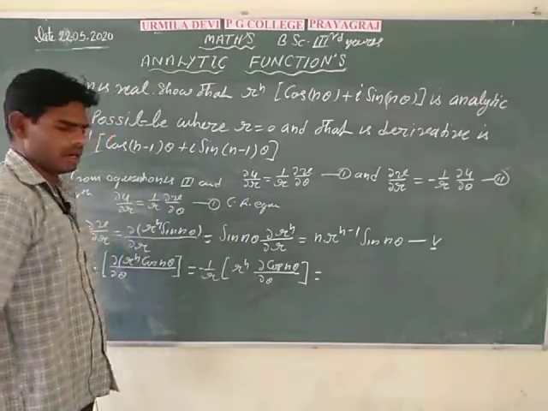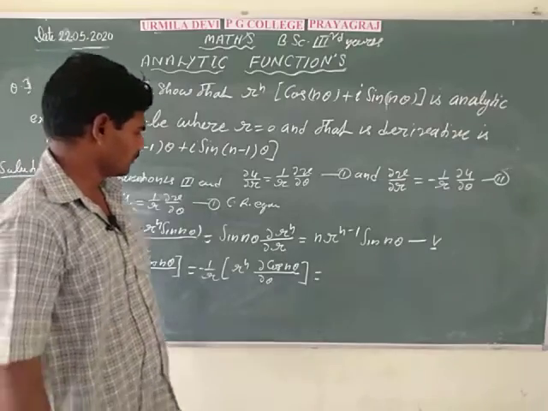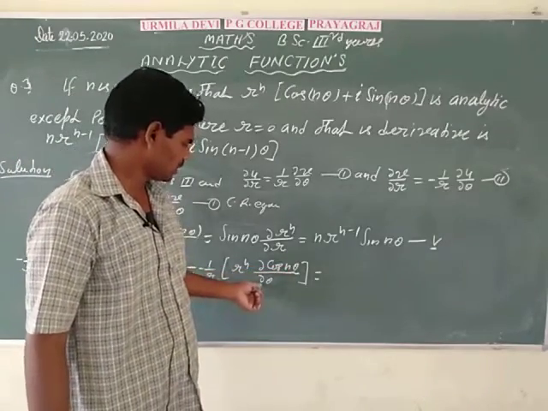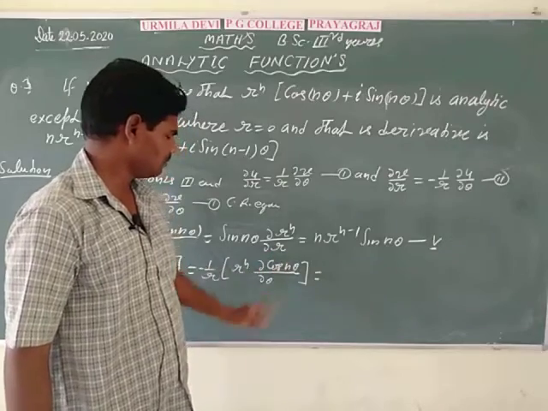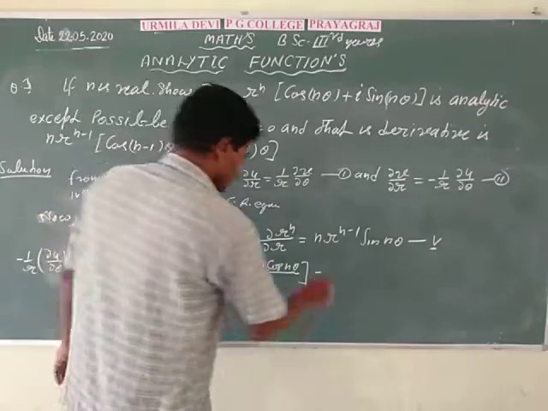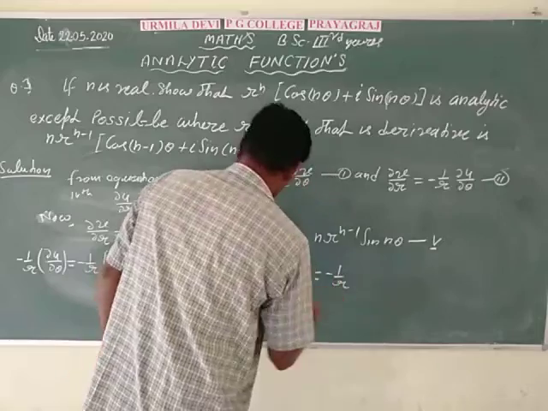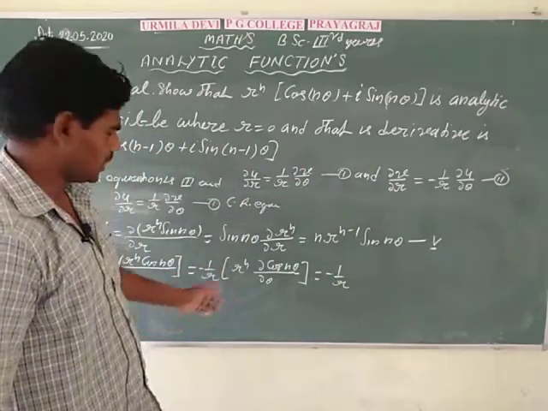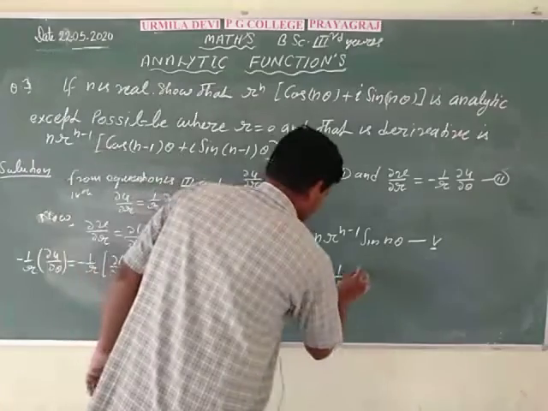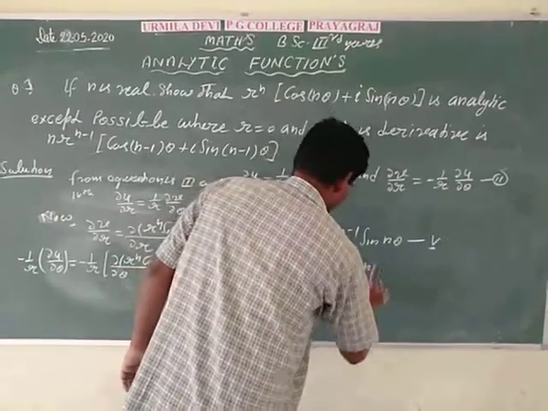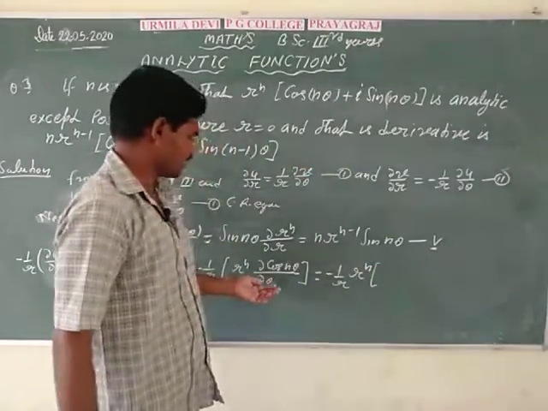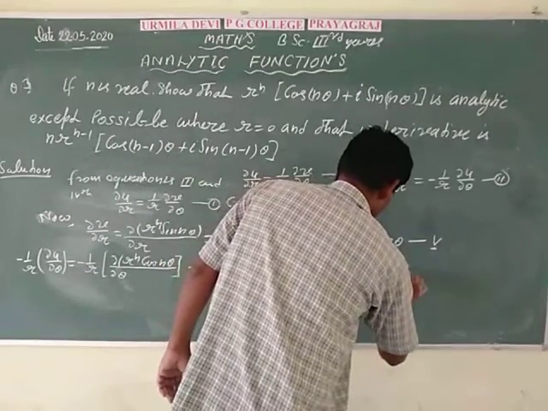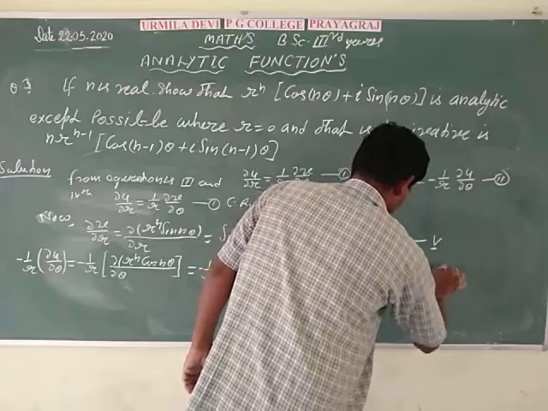By the method of partial differentiation, the differentiation of cos n theta with respect to theta gives minus n sin n theta. So this is equal to minus 1 by r times r to the power n times minus n sin n theta.